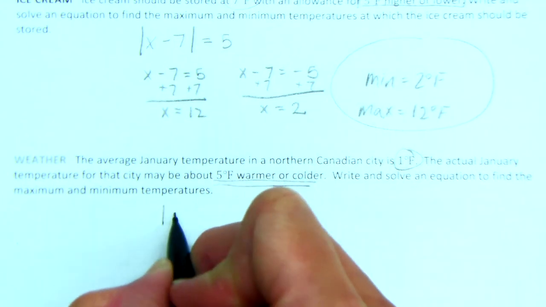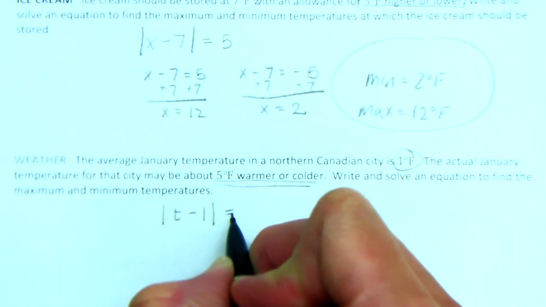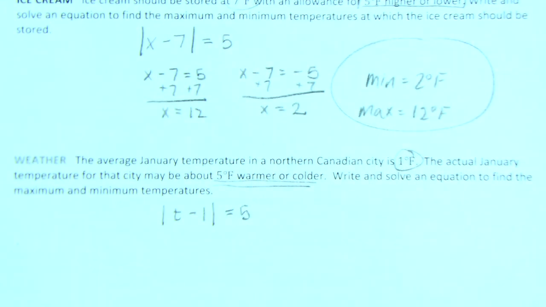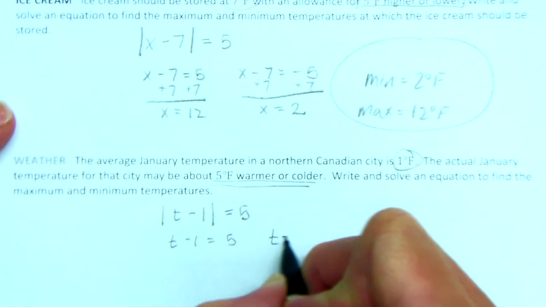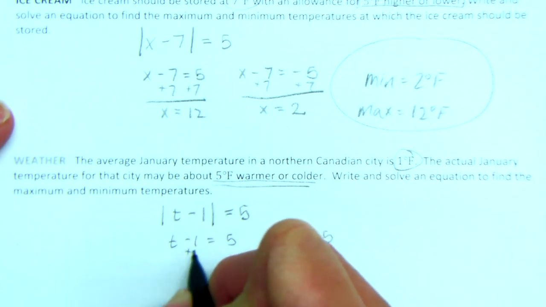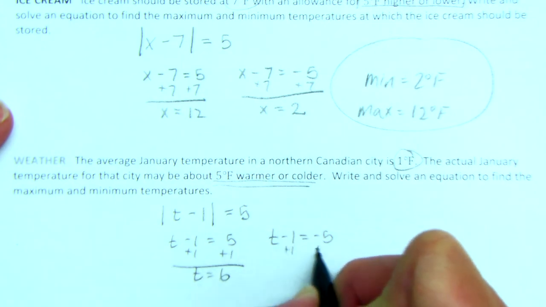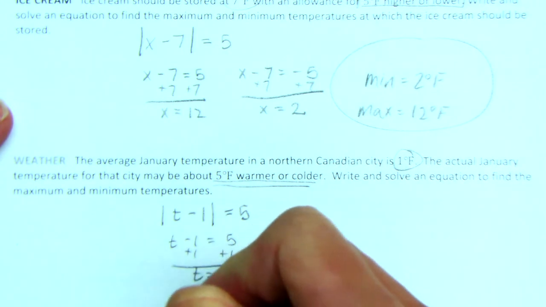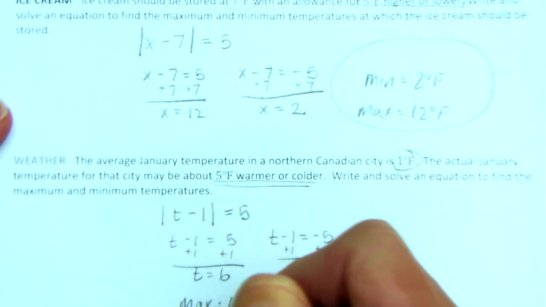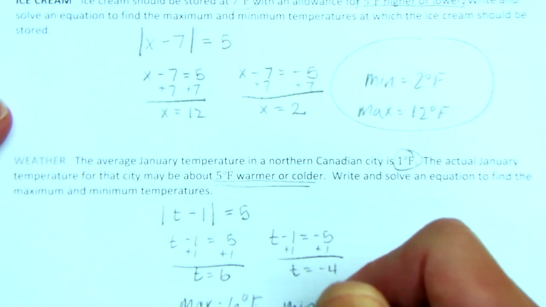So we've got the actual temperature minus this one could give you a positive 5 or a negative 5. So the absolute value of t minus 1 equals 5. Set up your two equations. Could be 6. Could be negative 4. So a maximum of 6 degrees Fahrenheit, a minimum of negative 4 degrees Fahrenheit.